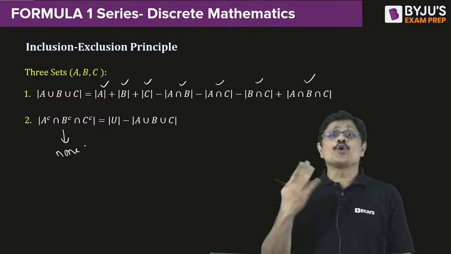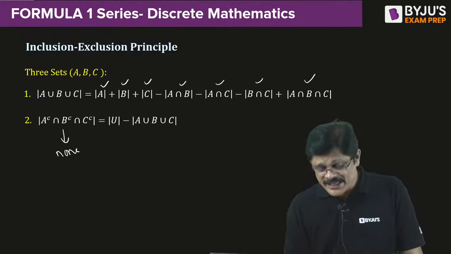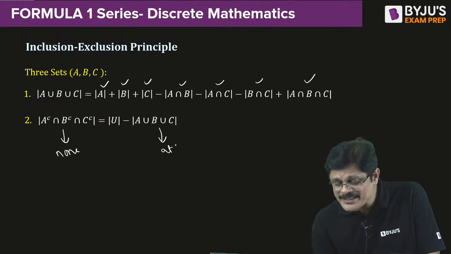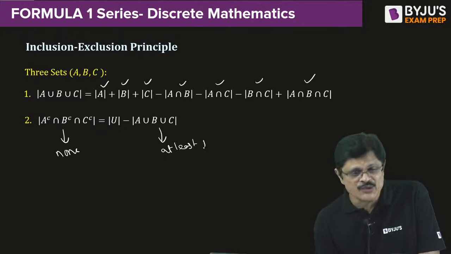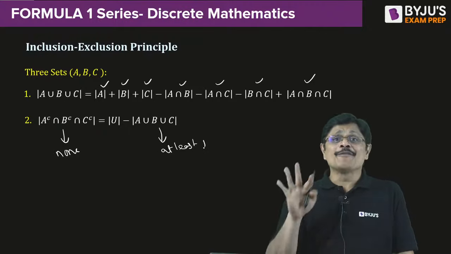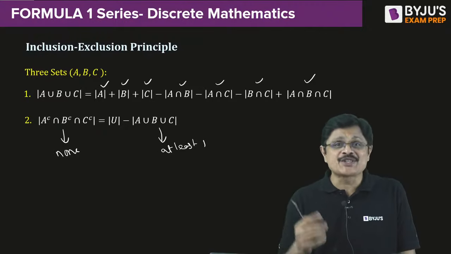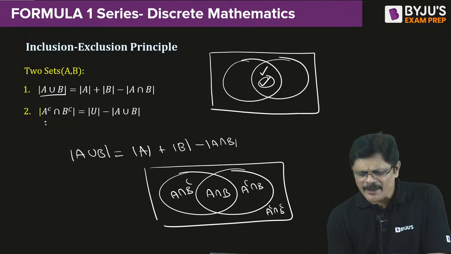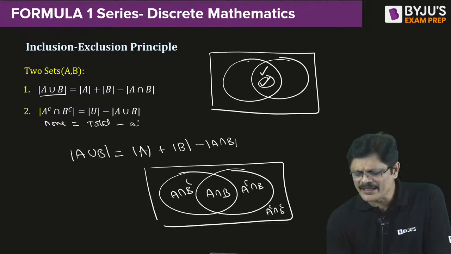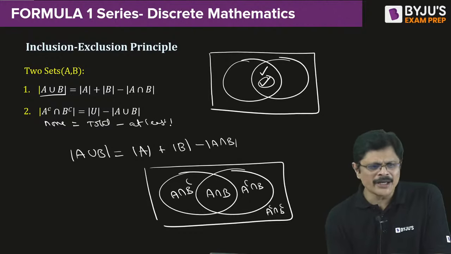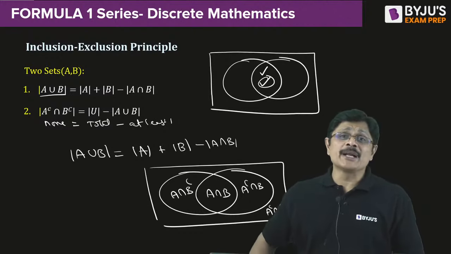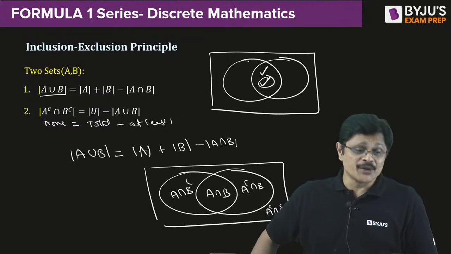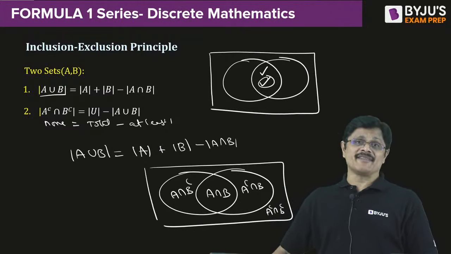None means total minus at least 1. Union means always at least 1. So if you want none from total, you have to remove at least 1, my dear friends. Here also the story is the same. And one important thing we need to know is that a union problem means at least 1.